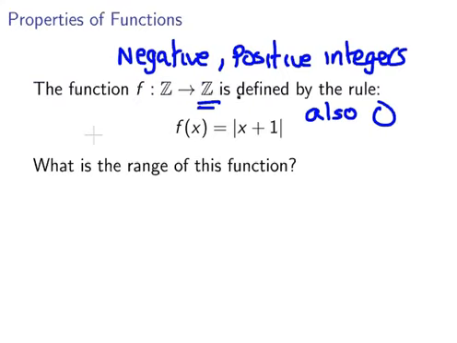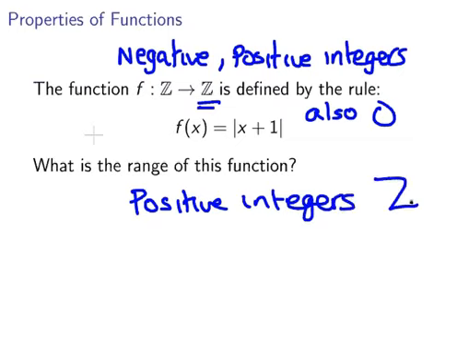That is the codomain. But the range of this function is positive integers, which we denote Z with that plus as a superscript, and also 0. 0 is not actually a positive integer, it is not a negative integer, it is just 0.